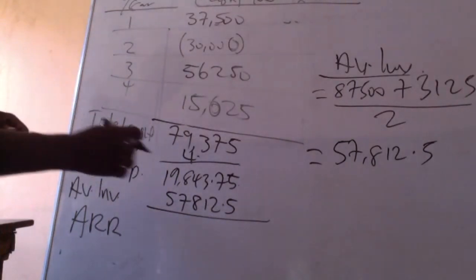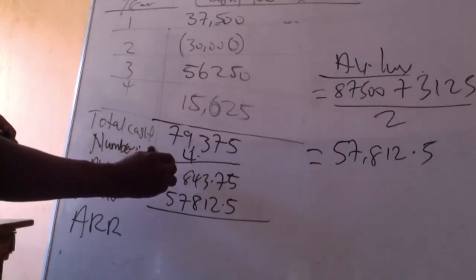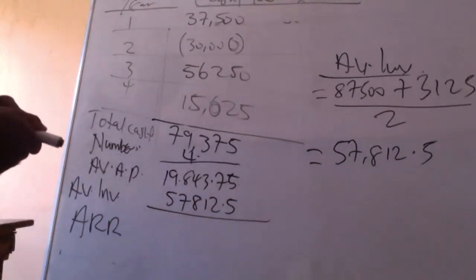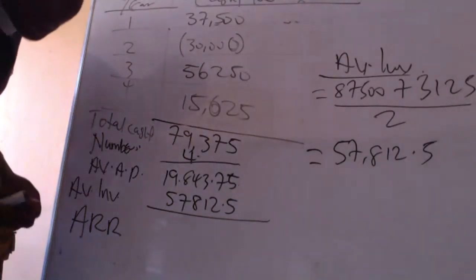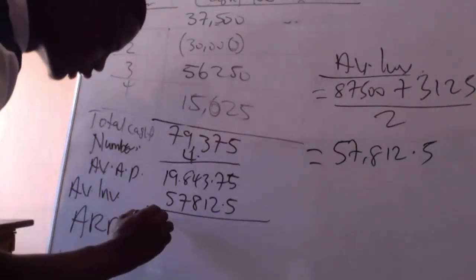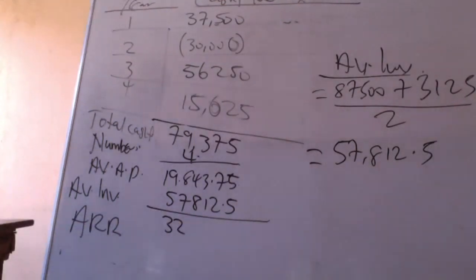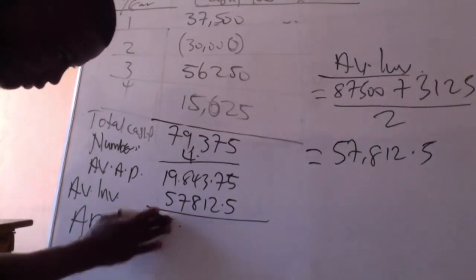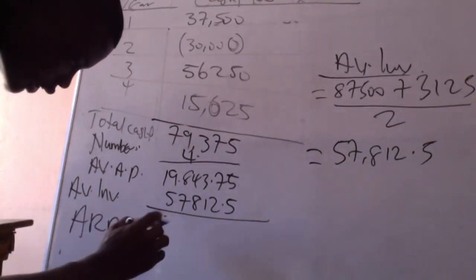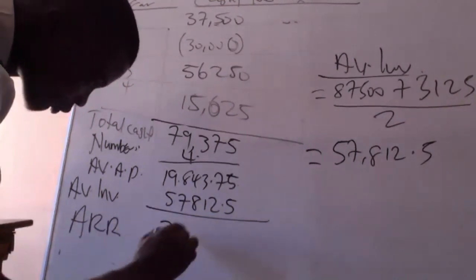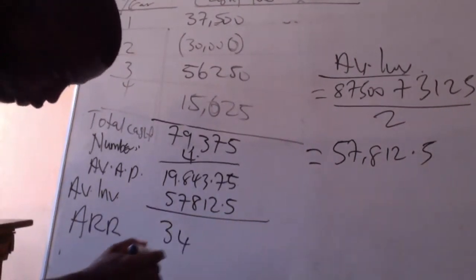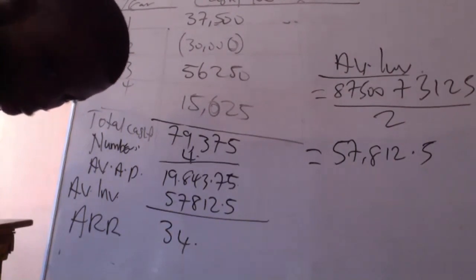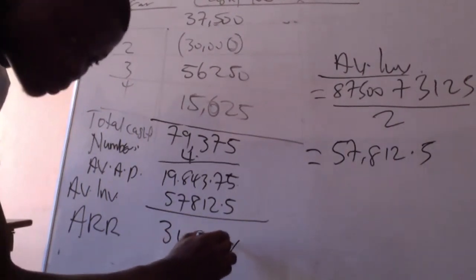So therefore, the accounting rate of return is what? Someone had 34. I like that, 34. So according to the accounting rate of return, they should do what? Accept the project, right? Good. So clap for yourself. You've done well, but all your solutions were valid.